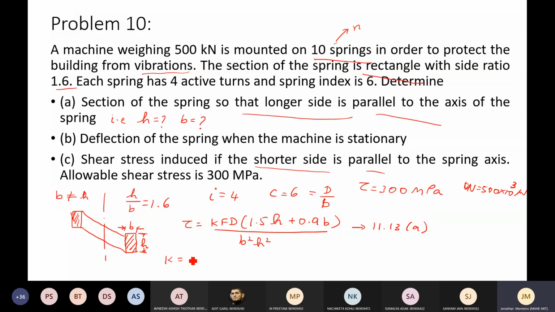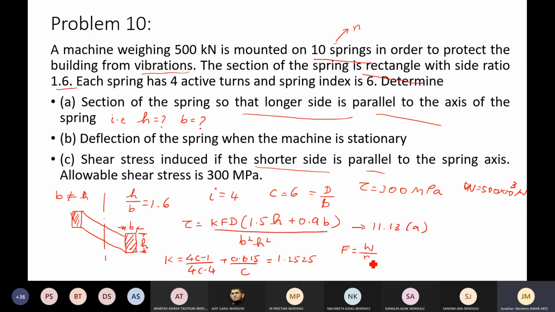K is nothing but again the Wahl stress factor, (4C minus 1) by (4C minus 4) plus 0.615 by C. So C is 6 here, so substitute it, and for 6 it is always 1.2525. What about F? F refers to one spring here, while the load refers to 10 springs. 10 springs are taking 500 kilonewton of load, so you have to carefully select what is for one spring.